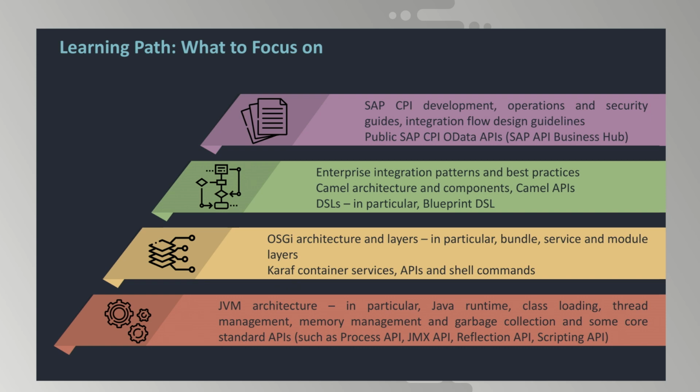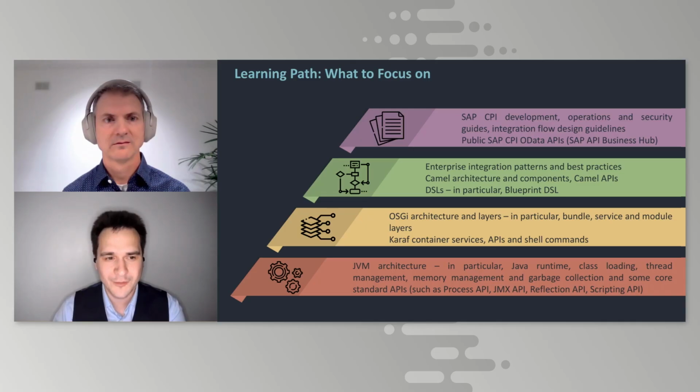I shall say that SAP API Business Hub, and it has been mentioned many times during the last couple of days in different aspects, is also useful for CPI as well, because amongst so many APIs that are published, not only APIs, but also process definitions, events, content that is published in API Business Hub, we also have whitelisted public APIs of CPI that are available in API Business Hub.